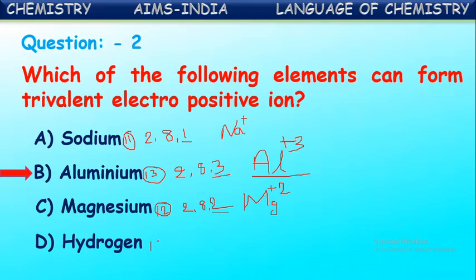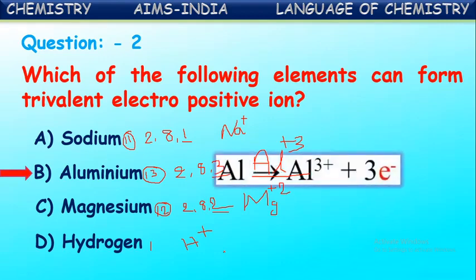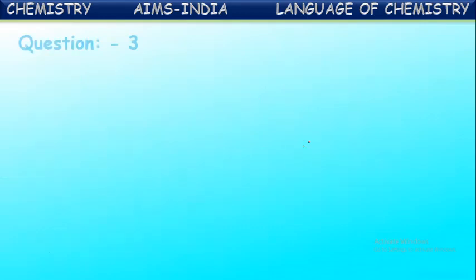So it can lose only that one electron and forms H plus ion, monovalent electropositive. So the only element among these which can form a trivalent electropositive ion is aluminium. In this way, aluminium loses 3 electrons and forms Al plus 3 ion, a trivalent electropositive ion. Okay, next question.